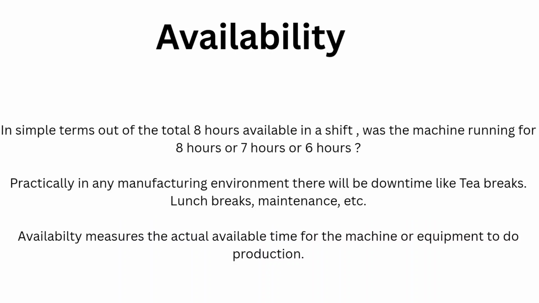So even if the machine was supposed to run a total of 8 hours, it would only be running for 6 or 7 hours, or a different figure than the expected operating time. The ratio of this actual working time with respect to the intended time is known as availability. Availability is calculated as total shift time minus downtime, divided by total shift time.